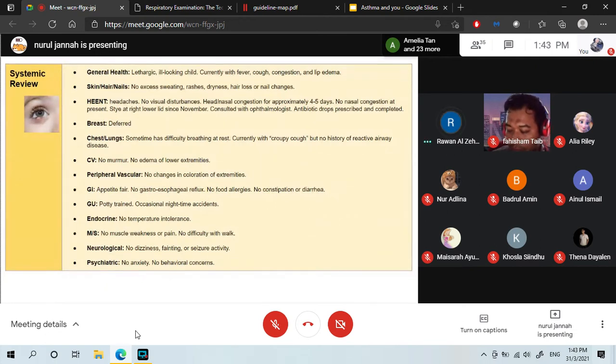For GI, good appetite, no gastroesophageal reflux, no food allergy, no constipation or diarrhea. For GU, potty trained, with occasional nighttime accidents. Endocrine, no temperature intolerance. Musculoskeletal, no muscle wasting or pain, no difficulty with walking.